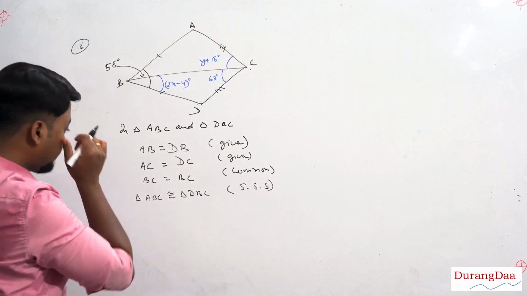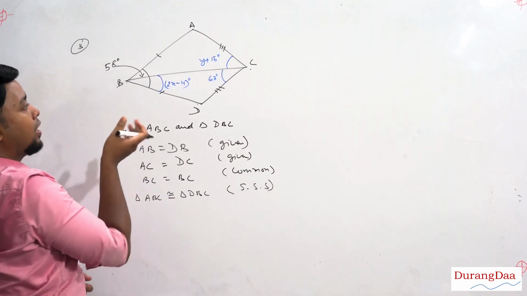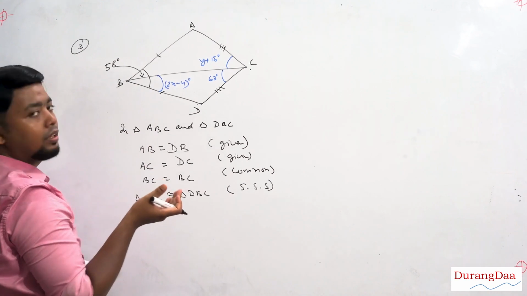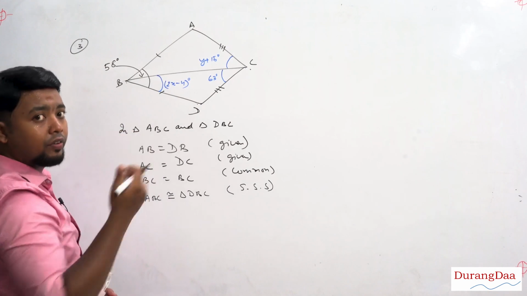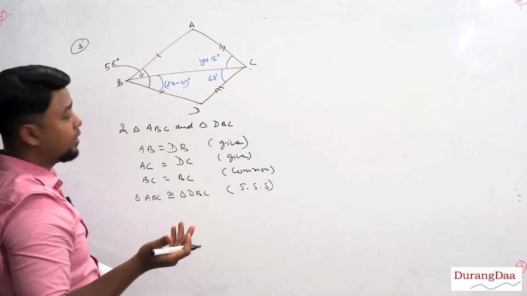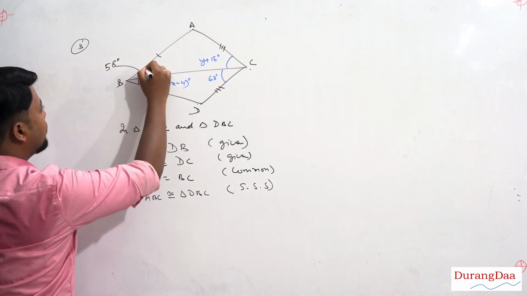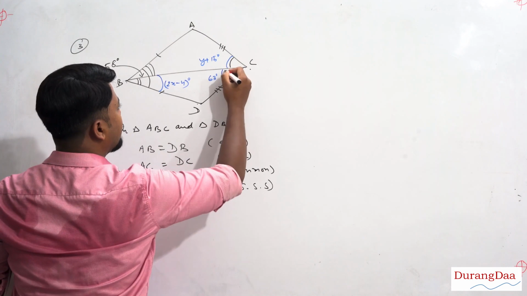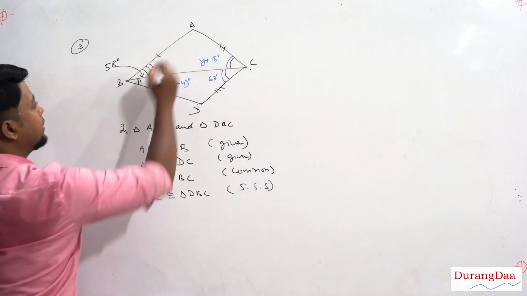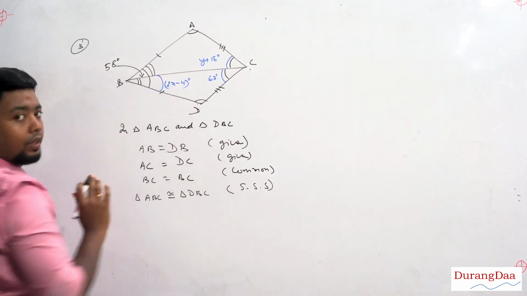After this, since both triangles are congruent, we are in a position to say that corresponding parts of congruent triangles are also congruent. That means we can directly mark here, this angle should be equal to this angle, this angle equal to this angle, same way this angle equal to this angle.